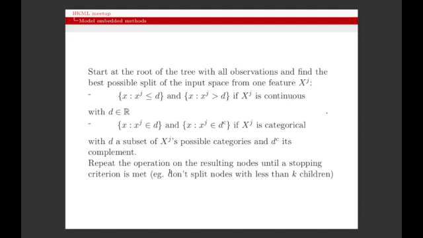Usually it's don't split nodes with less than k observations. This is a typo, it shouldn't be children. It should be don't split nodes with less than k observations in it, for example. Usually, for regression, we take 5 observations, and for classification, 1 observation is fine because it's for the maximal tree, and then it's pruned to reduce the number of leaves.